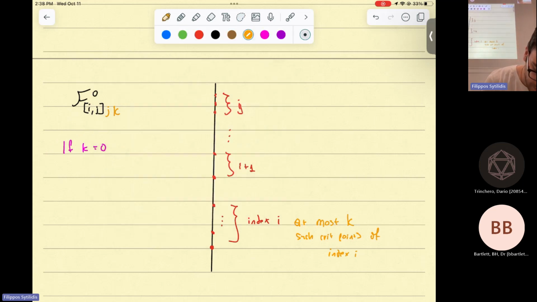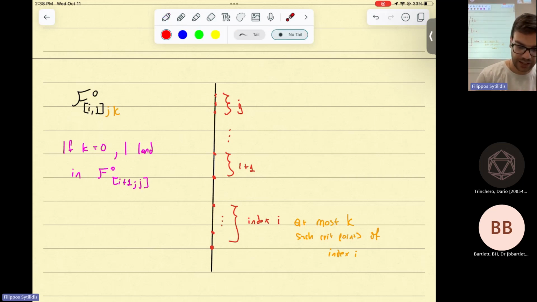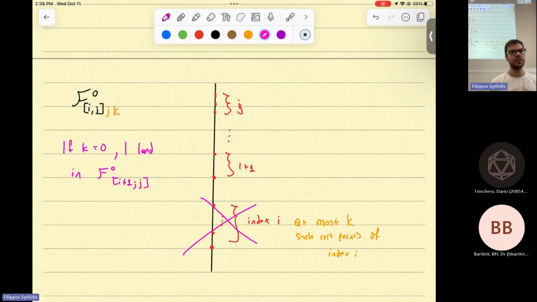If K equals 0, then I land in F0 I plus 1 J. And I don't have any information, I can't tell you how many of those at most there are, because I didn't keep track of this information. But if K equals 0, then all of that is gone, and I start with I plus 1 critical points.